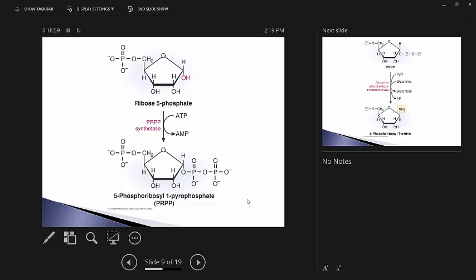Why is it a synthetase and not a synthase? Because there's ATP there, and you go to AMP and you get 5-phosphoribosyl 1-pyrophosphate, abbreviated PRPP. That's the building block.